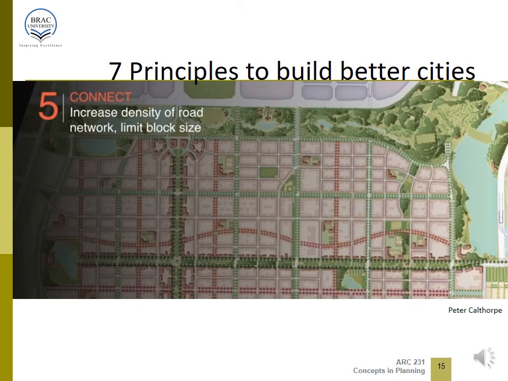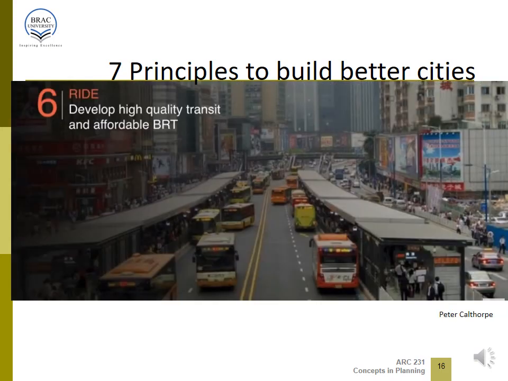If these accessibility networks are more flexible and can take a person to different options, then it is important for a neighborhood. Then he talks about riding. Mostly he advocated for public transport, not private transport. That's why he talked about bus rapid transit, transit-oriented development, pedestrian-oriented development, and so on and so forth.